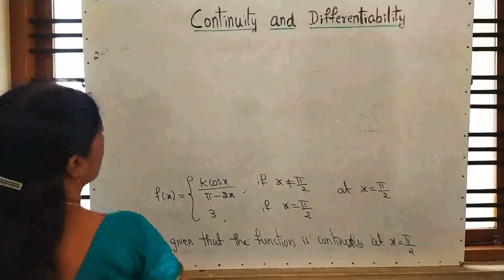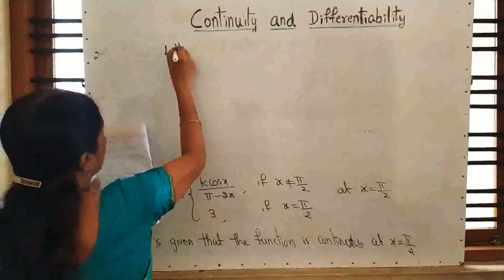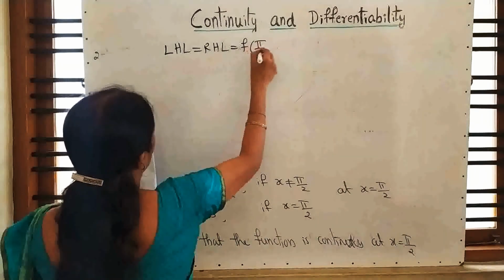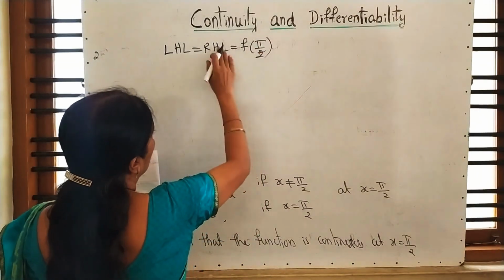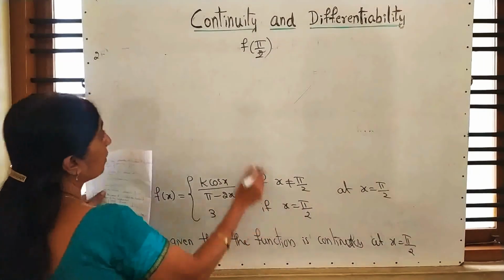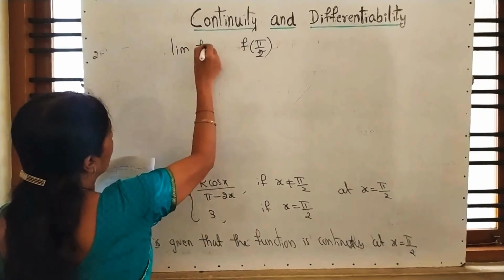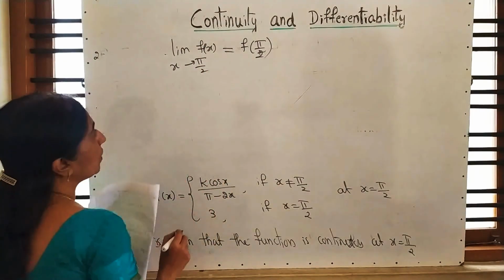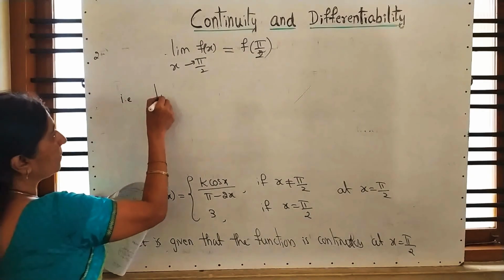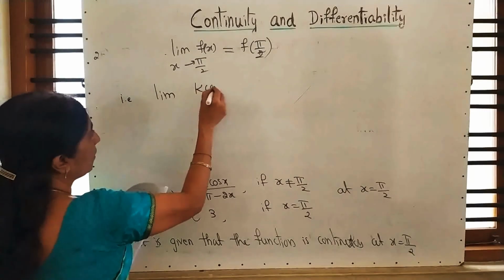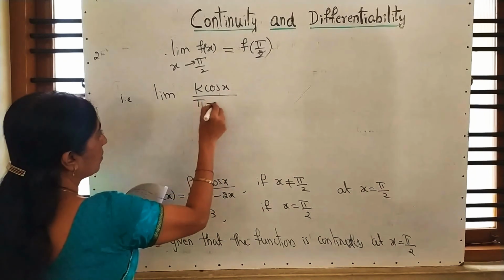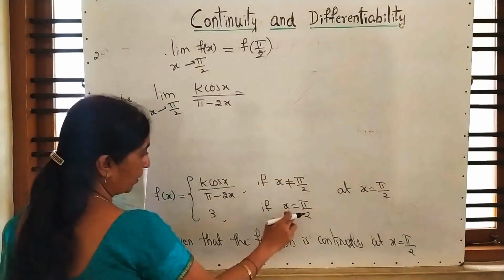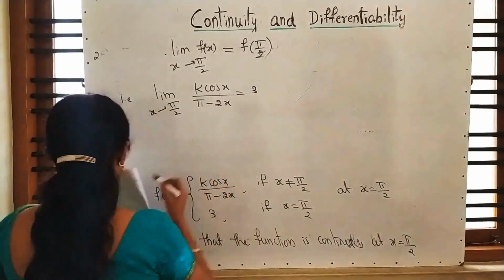Here, indirectly it is given that left hand limit is equal to right hand limit is equal to f of pi by 2. But here no left hand limit or right hand limit because it is not in the form of inequality. That is, limit f of x as x tends to pi by 2 is equal to f of pi by 2. That is limit k into cos x upon pi minus 2x as x tends to pi by 2 is equal to, what is f of pi by 2? That is 3.